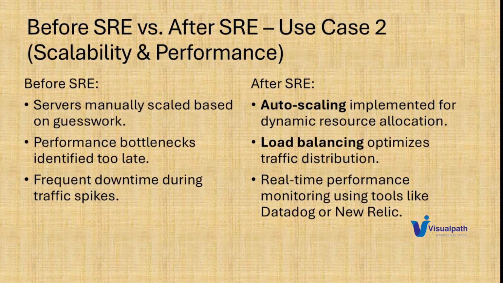But after the SRE principles, what were the changes that happened? In that same social media app, we were now using Kubernetes and auto scaling. That would help us manage those high traffic surges during major events. So during a viral event, we can use AWS auto scaling, or auto scaling as a whole, to spin up new servers if there is a large traffic load.